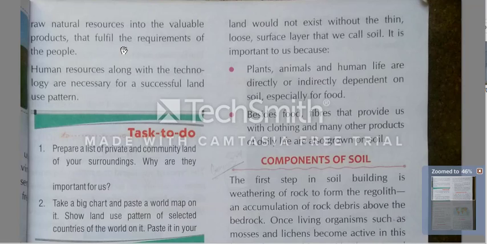Means through the technology, people convert the natural resources into a valuable product that can be used according to their needs, according to their demands. Through the technology they convert it, that fulfills the needs or the requirements of the people.